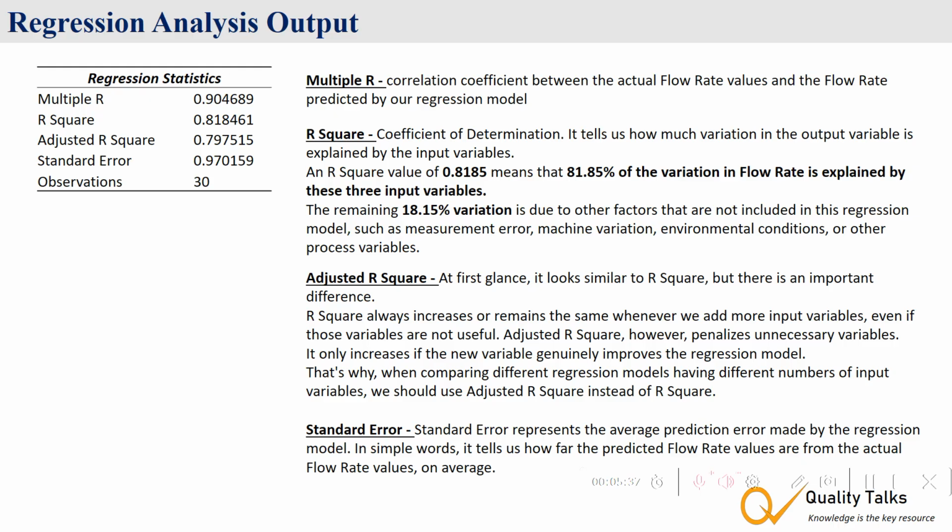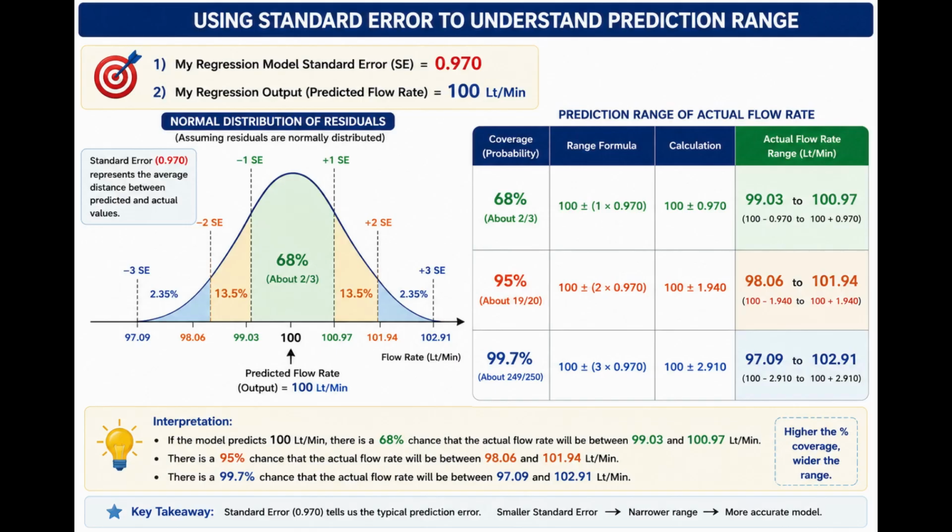Now let's understand what this standard error of 0.970 means in practical terms. Suppose our regression model predicts a flow rate of 100 liters per minute. Since the standard error is 0.970 and assuming the prediction errors follow a normal distribution, we can estimate the range within which the actual flow rate is likely to fall.